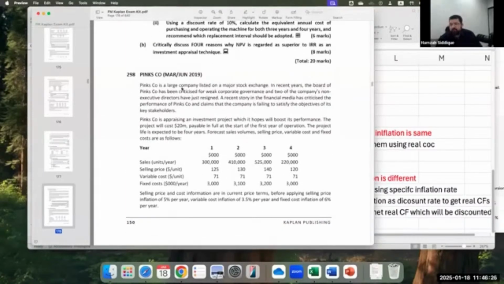In recent years, the board of Pink has been criticized for the weak corporate governance, and two of the company's non-executive directors have just resigned.